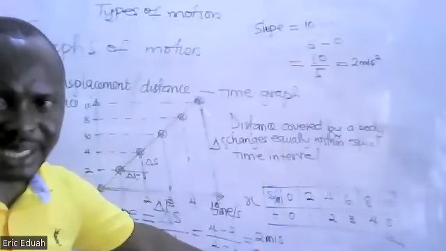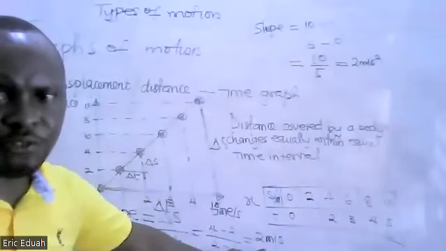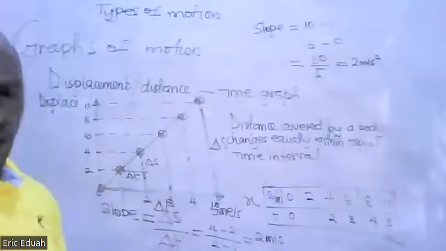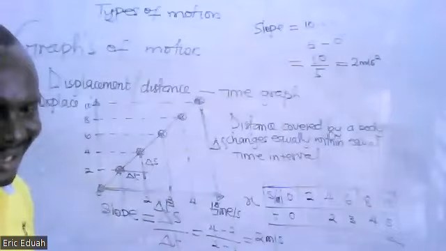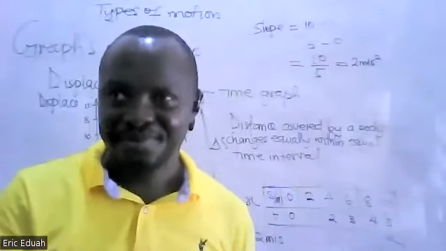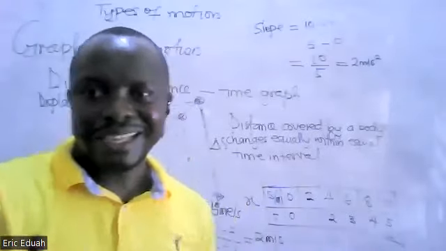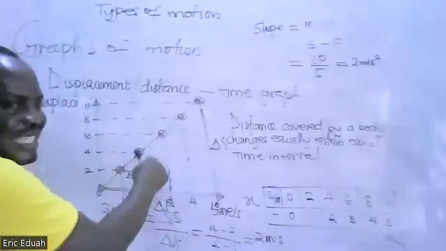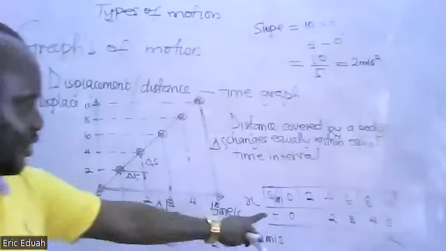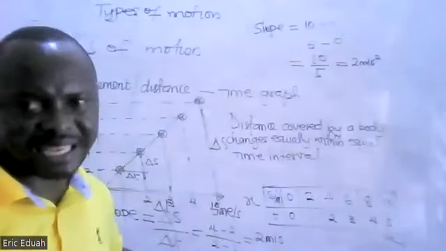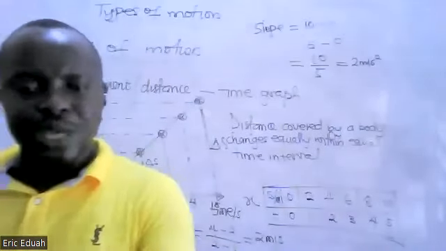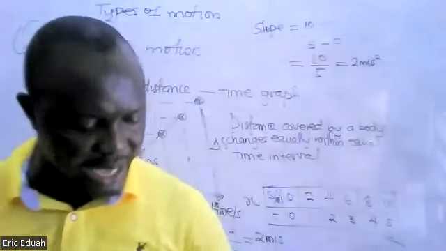So what do you think this value of slope represents? Velocity, because the unit is meter per second.